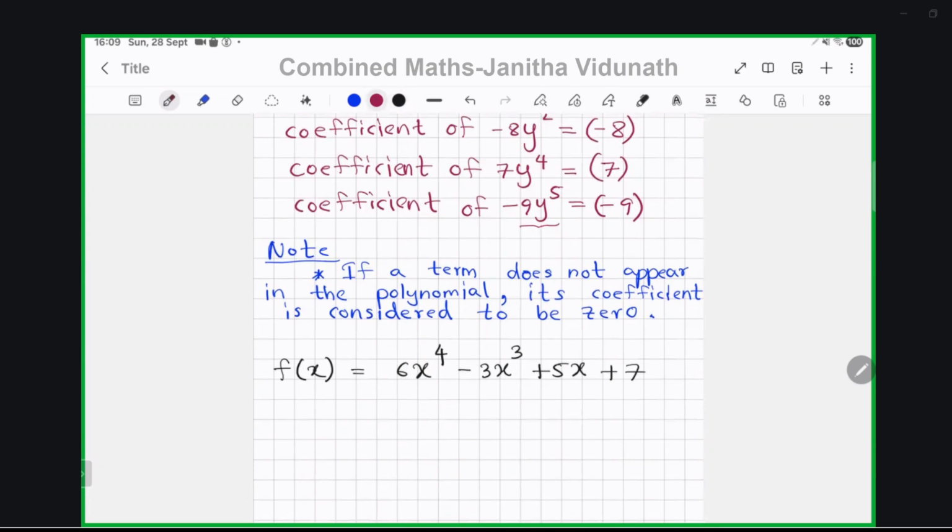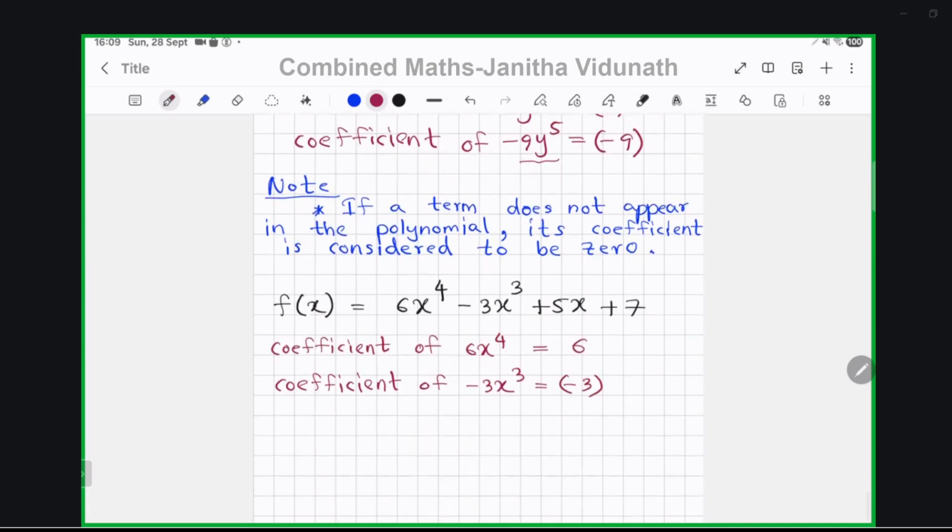Now the coefficient of the 6x to the power 4 term is plus 6. Likewise, the coefficient of this term is equal to minus 3.